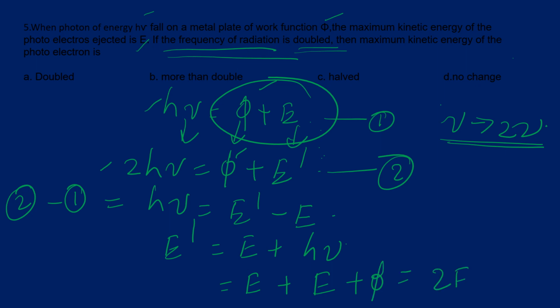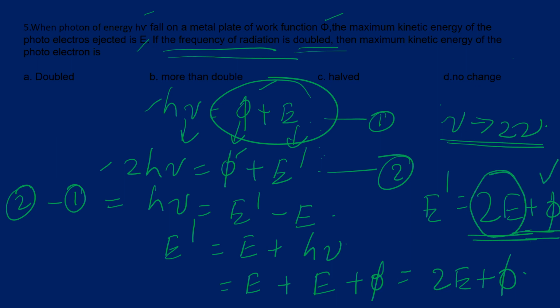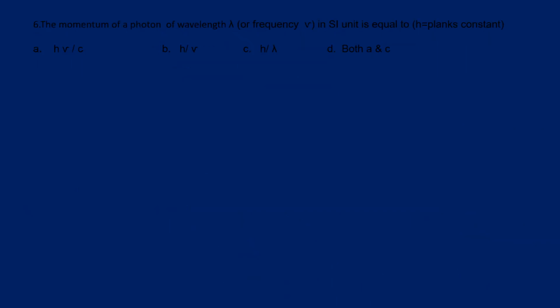So E dash is equal to 2E plus phi. That means the maximum kinetic energy will be more than double. That is 2E plus phi means more than double. Option B is the correct one.